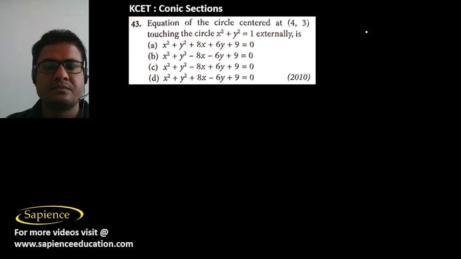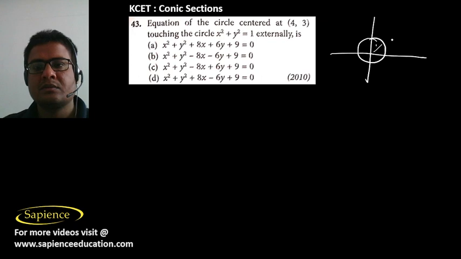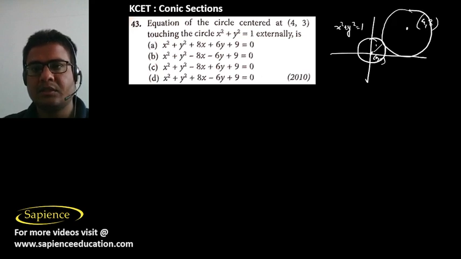Okay, so now here we have the circle which is having radius 1 unit and its equation is x square plus y square equal to 1 and its center is the origin, and there is another circle whose center is at (4, 3) and it will touch this circle externally. So we have to find the equation of this circle.